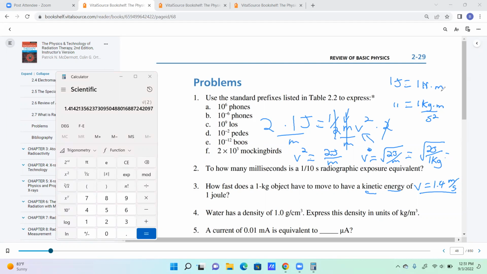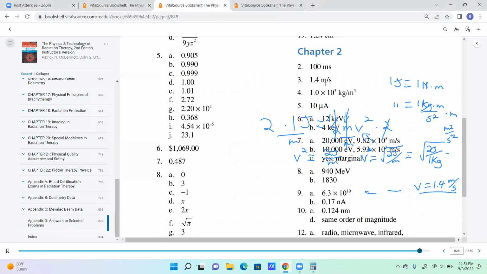When that gets multiplied by this other unit over here, I get this. So when I divide it by the mass, the kilogram cancels, and I'm left with meters squared over seconds squared. So that's how I know what the velocity is. Now, am I correct? There we go.